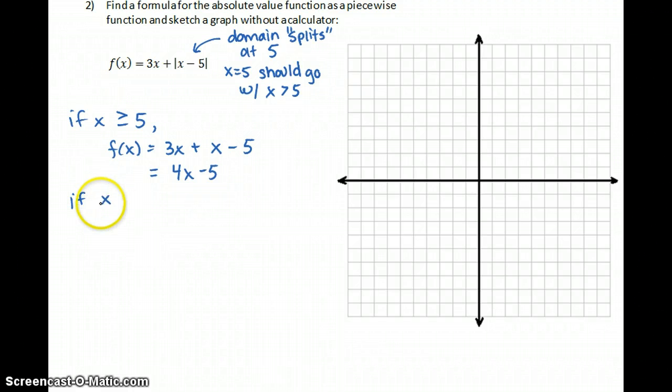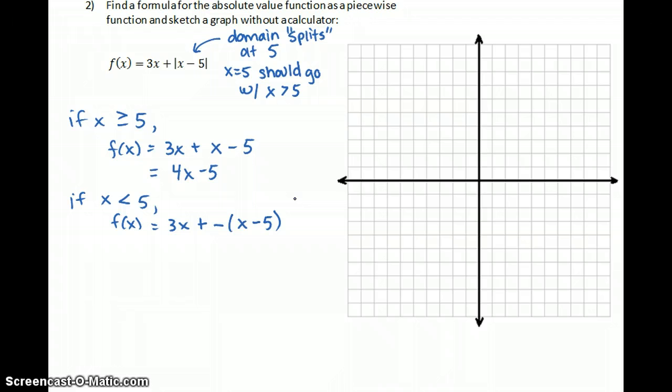However, if x is less than 5, then we do need those absolute value bars to make what's inside positive. So remember that another way to make something positive, if we already know it's a negative difference, is to use the absolute value bars, or we could just put a negative sign in front of the quantity x minus 5.